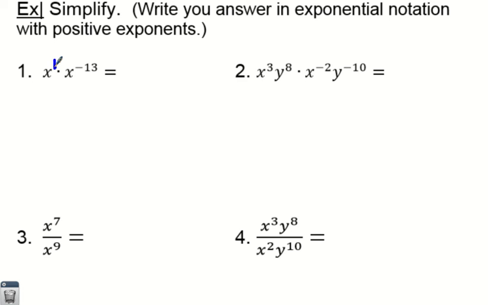What do you do with the powers in this situation? Do you remember? You should. You add the powers. And when you add those powers, you end up with x to the negative 12 power.